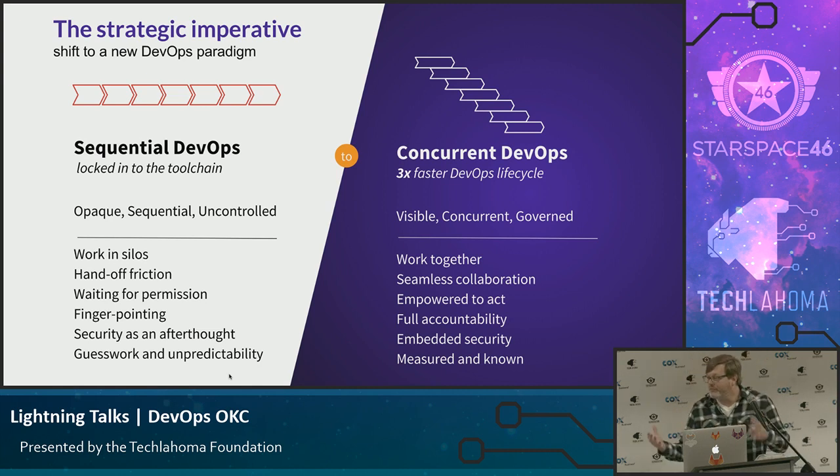That thread holds it all together and keeps it moving instead of someone waiting. Concurrent is we're collaborating, communicating all the time throughout the whole life cycle, and it's just easier in that one tool. Now, I'm not saying you've got to replace or rip out everything that you've got.